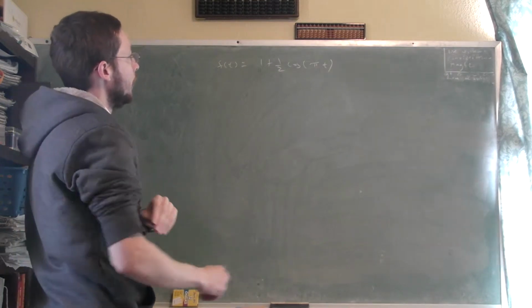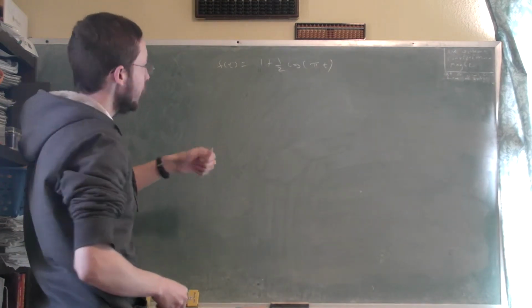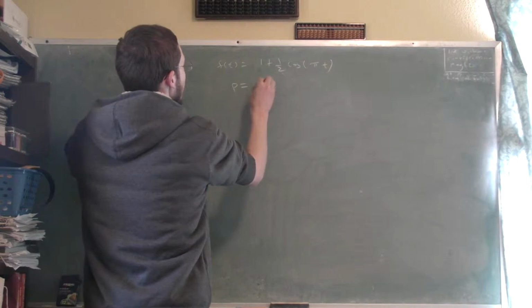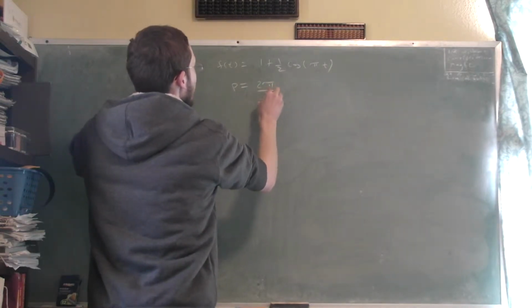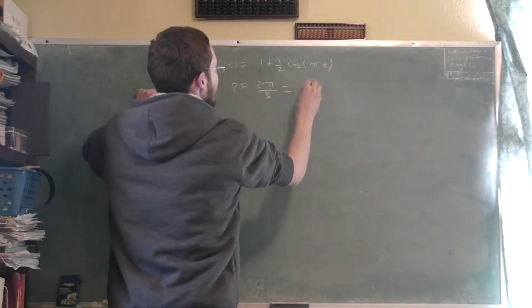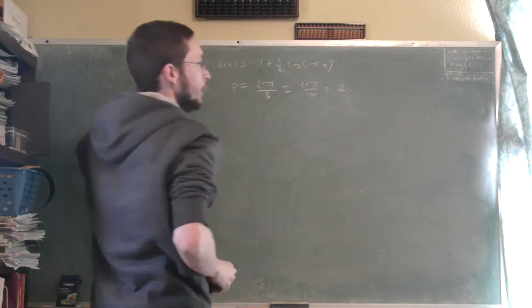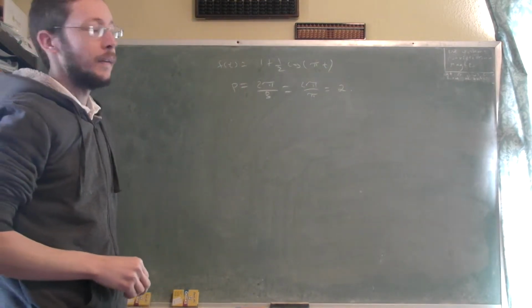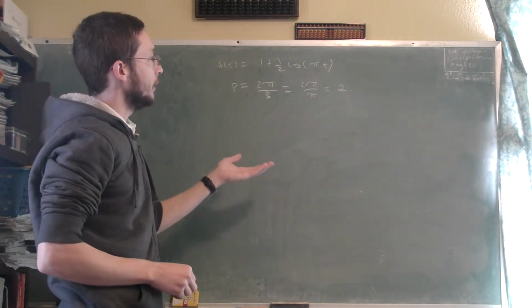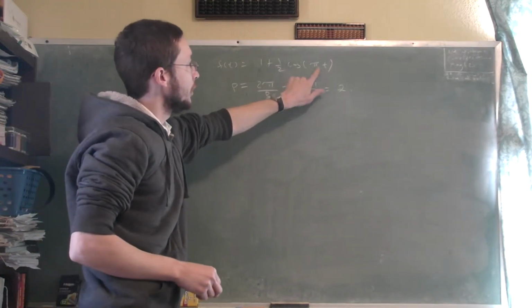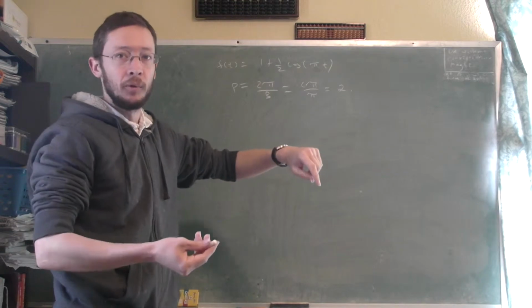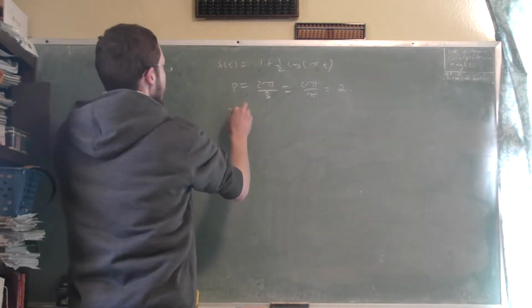Let's go ahead and do our period. Period we know is 2 pi over b. b is equal to pi. So the period is 2 units. And then the key points are going to happen at the phase shift plus the period over 4. So let's do our phase shift.